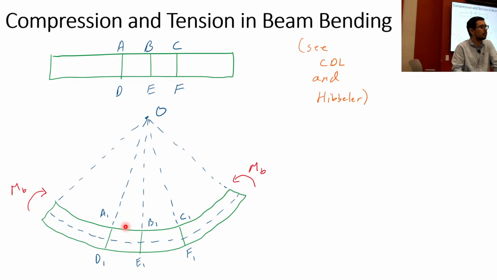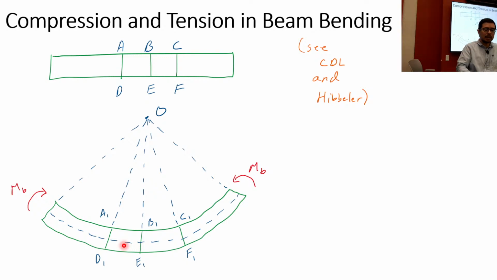Some infinitesimally thin slice, better said, but it's still going through the thickness of the beam. So what we're going to think about here is, what is the strain associated? Is there any strain on the longitudinal axis?